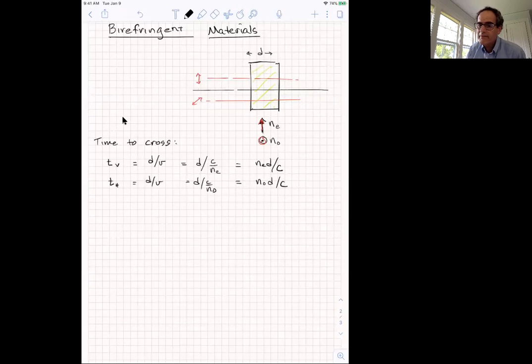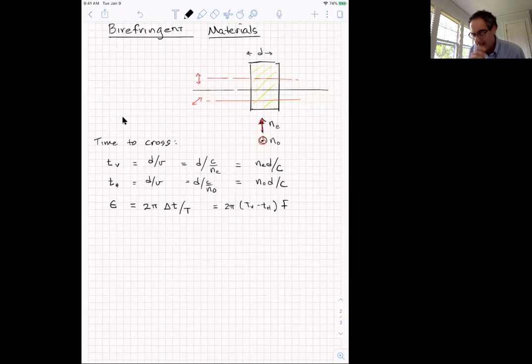Because the time to cross isn't equal, there'll be a phase shift between them. How much? Well, if the light were delayed by one whole period, that would be 2 pi radians. So in general, the phase shift epsilon will be 2 pi radians times the actual time difference divided by one period of oscillation, or 2 pi times the time difference, Tv minus Th, divided by capital T, or equivalently times f, where f is the ordinary frequency.